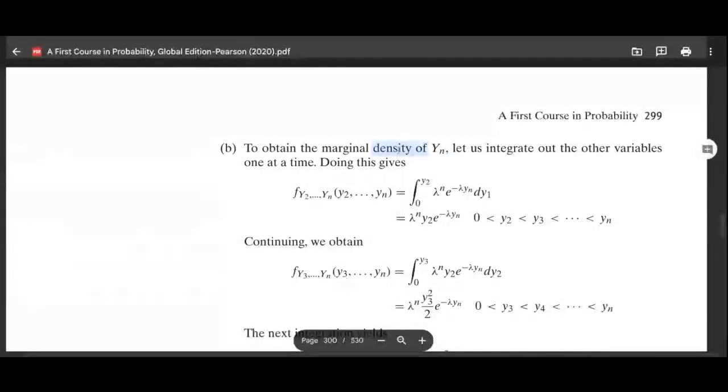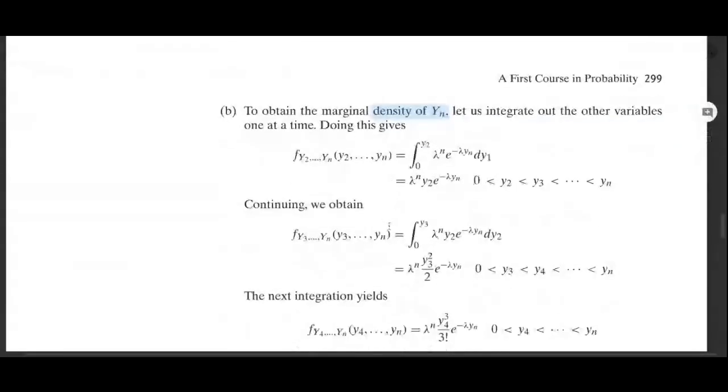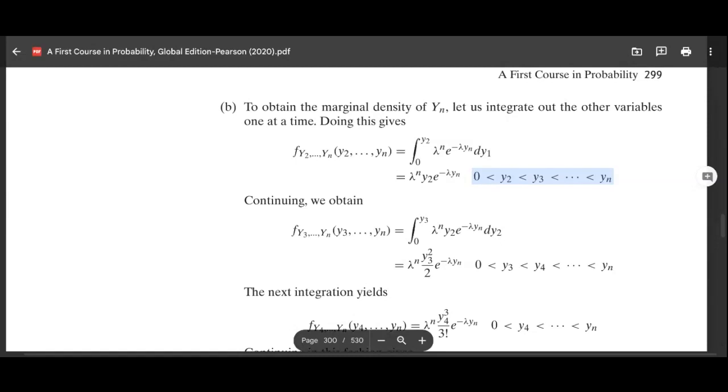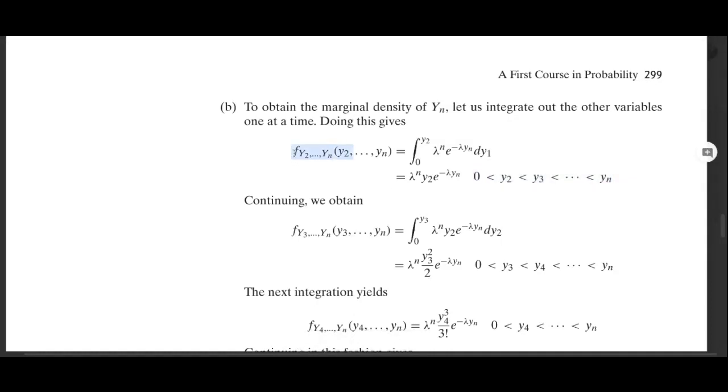B, the marginal density of yn. So let's integrate out the other variables one at a time. So let's see. Okay, so f of this is with y1, right?